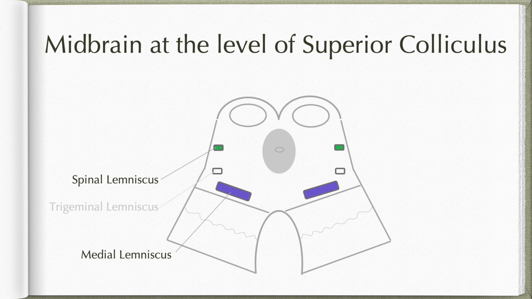But the other three lemnisci are found, and the somatotopy in case of medial lemniscus is cervical fibers medial and sacral fibers lateral. In case of spinal lemniscus, there is a slight rotation.